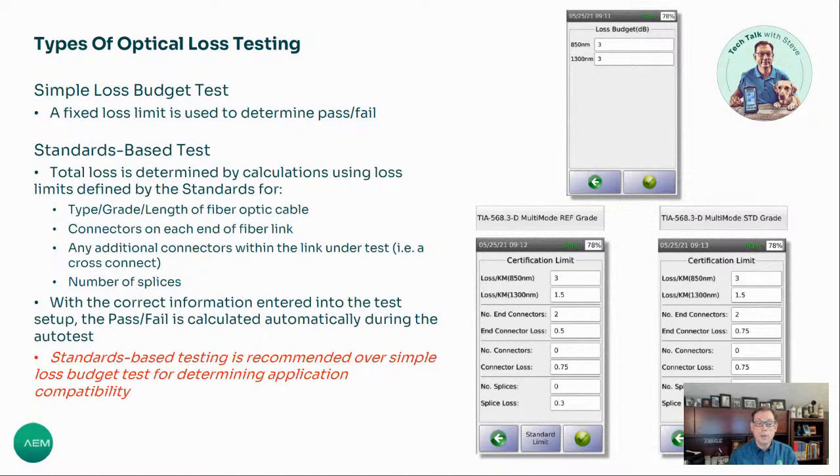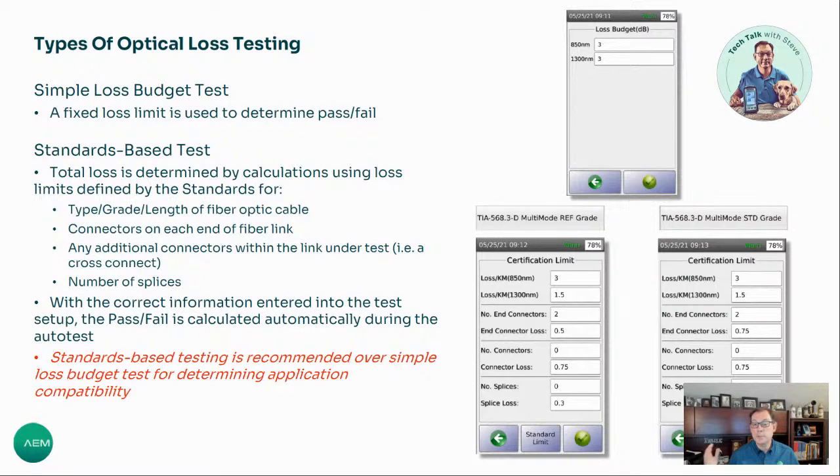A standards-based test, which is recommended, takes a lot of things into account. It looks at the type and grade of the fiber that you're testing. It's going to set a limit based on your choice of the test standard for the loss per kilometer on the fiber: in the multi-mode case, 850 and 1300, or for single mode, 1550 and 1310. It'll also take into account the loss of the connectors at each end of the link, and also the loss of any additional connectors.